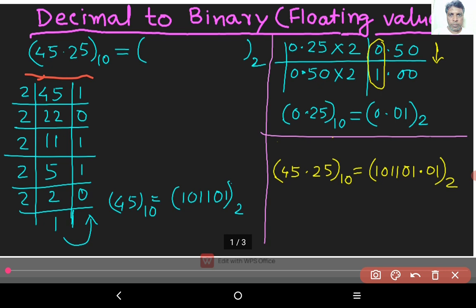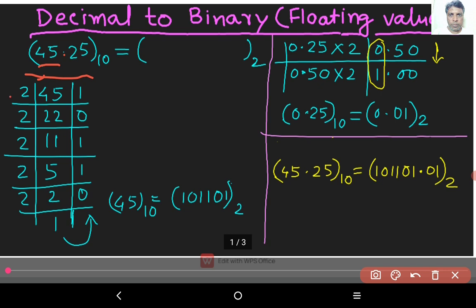It is done in two parts. First, we convert the left part of the decimal point, that is 45. We convert 45 into binary using the binary conversion method, which is dividing and collecting the remainders.